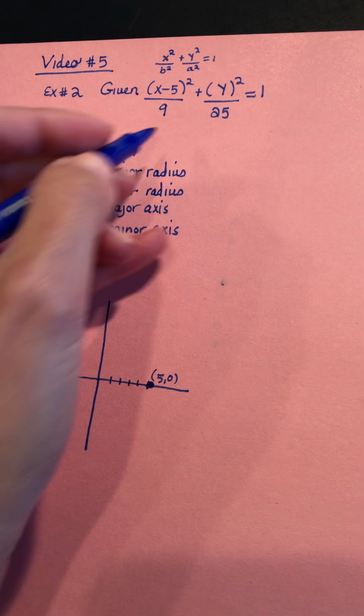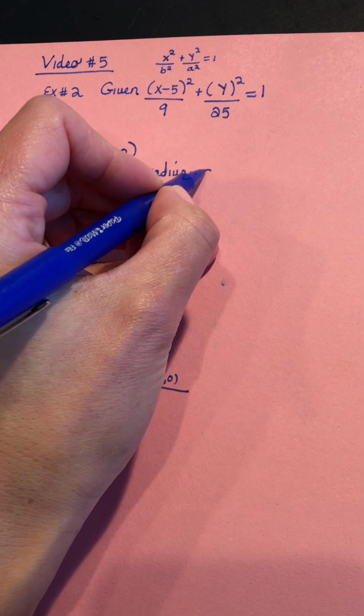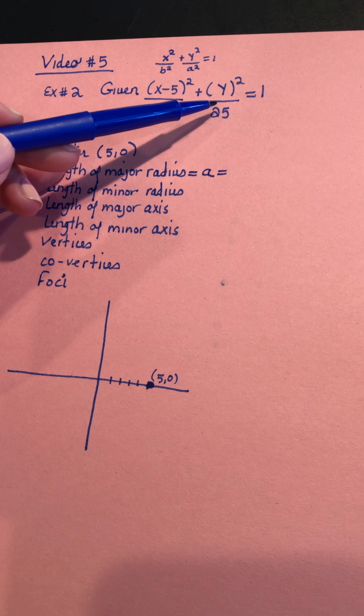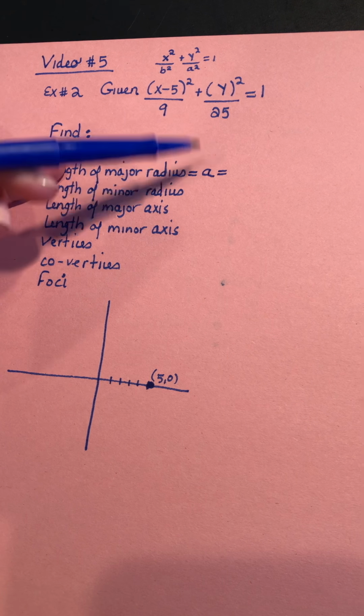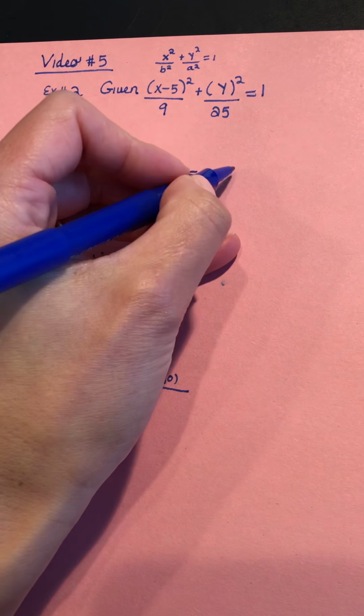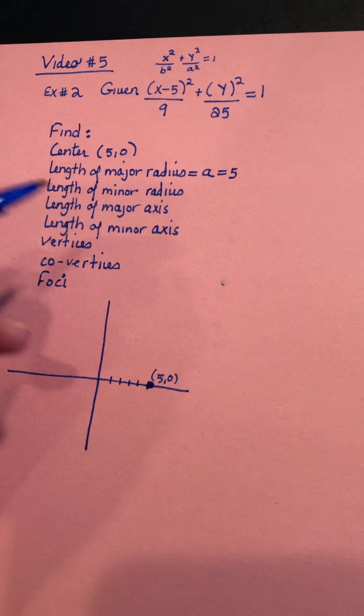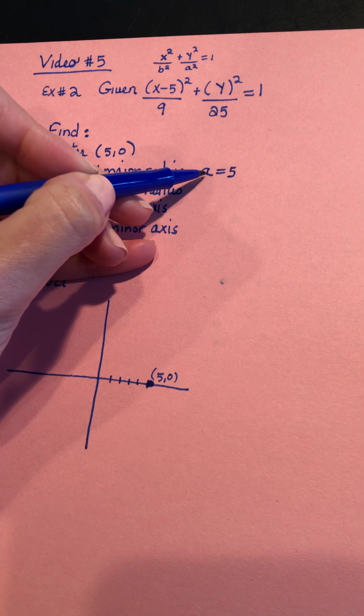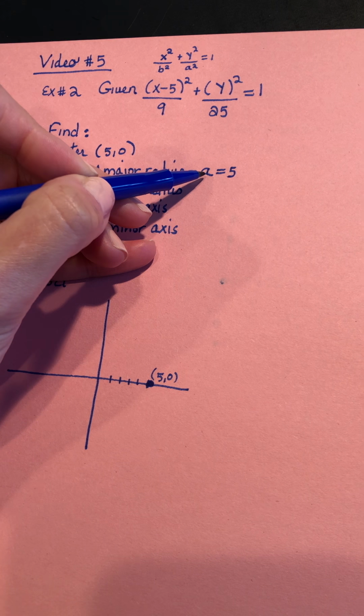The major radius is always going to be denoted by the letter a, and since a squared is 25, I know that the major radius, or a, is going to be 5 units long. So what am I going to do with that? Well, a is the distance from the center of the ellipse to a vertex.